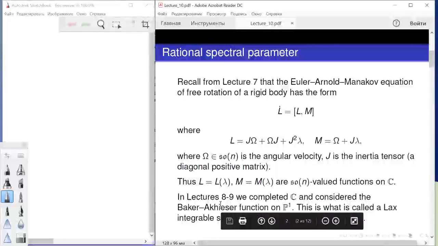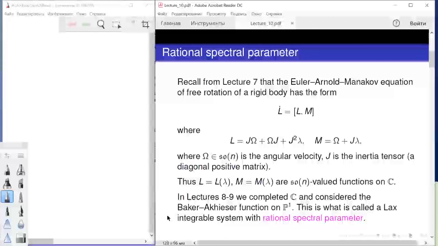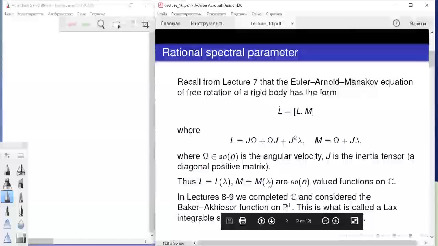Later, in the course of constructing the Baker-Akhiezer function for this and other equations of Euler type, I considered lambda to belong to the completion of C, which is P1 or Riemann sphere, or rational Riemann surface.